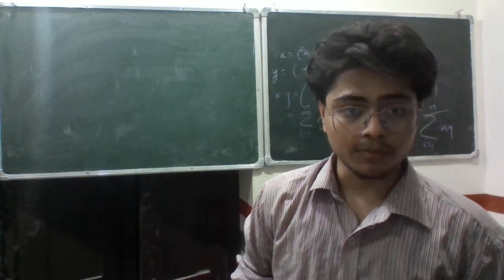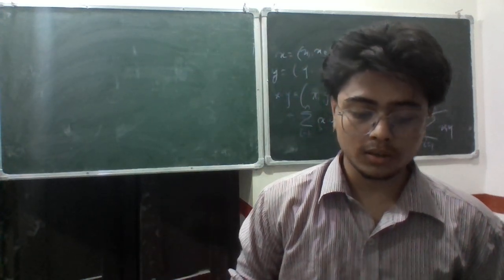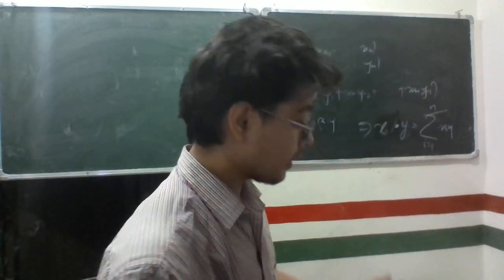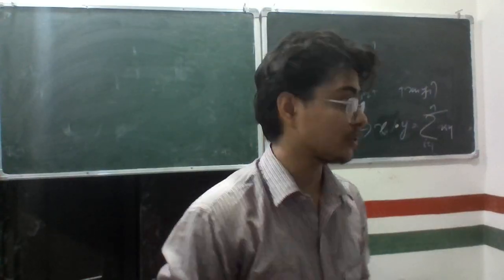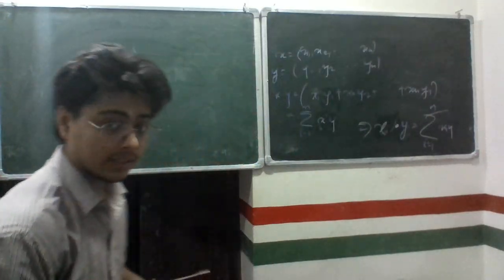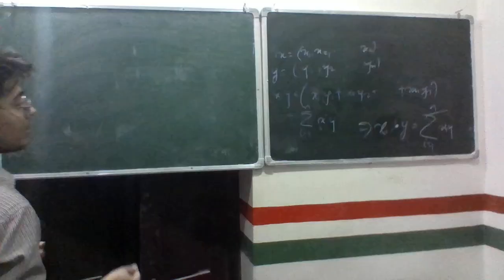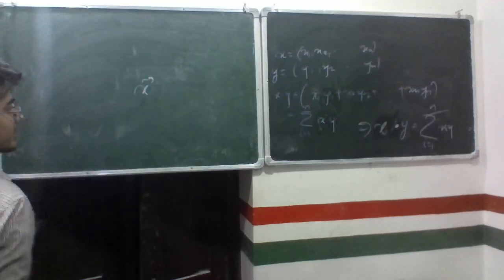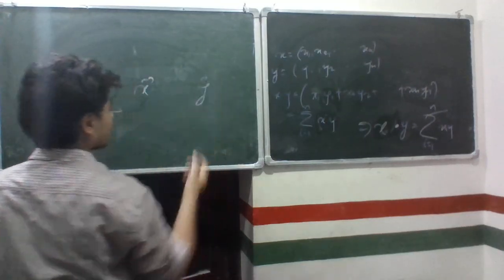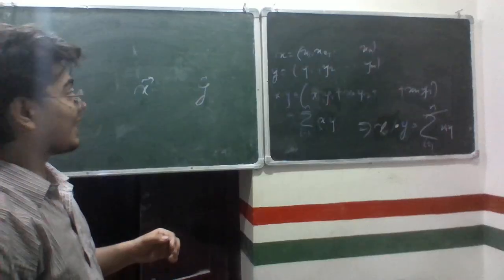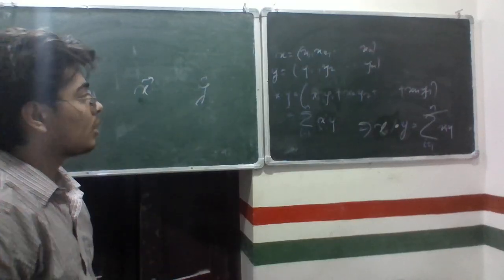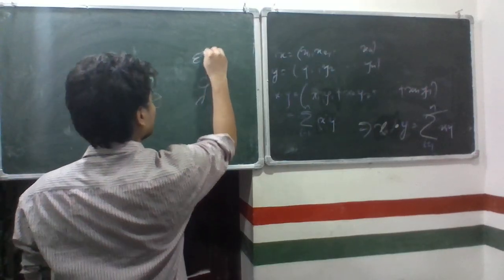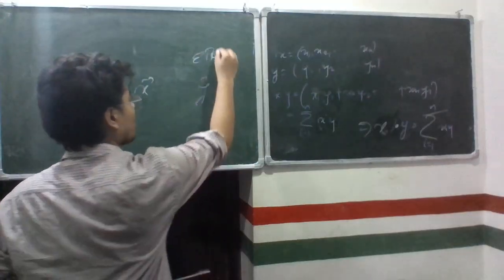I have seen this confusion in many people, and actually I also had that confusion. The confusion I'm talking about is that if we have x, suppose a vector, and y, suppose a vector, and now I am saying that these two belong to R2.